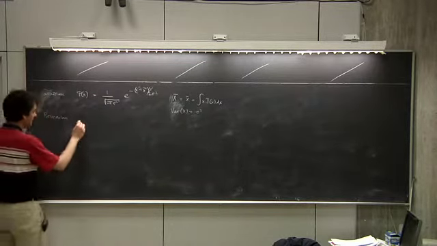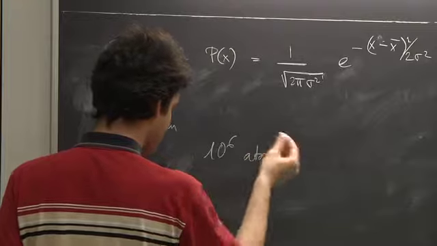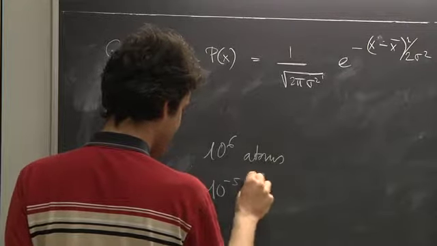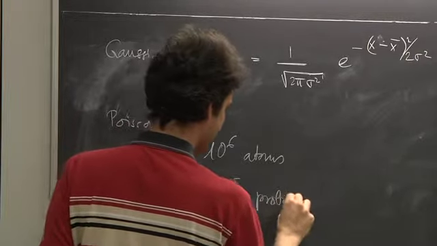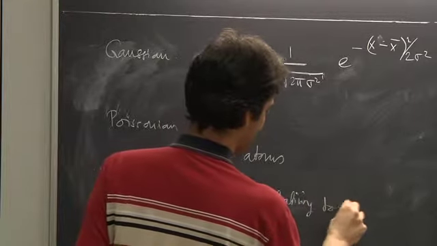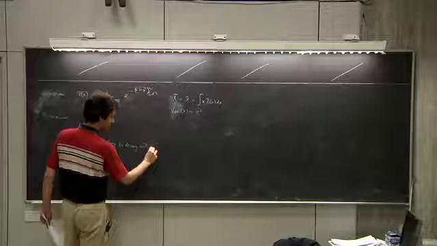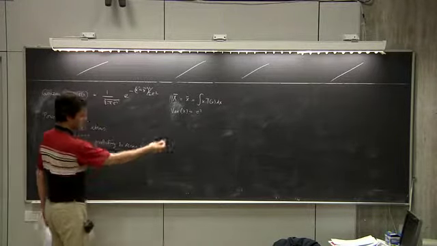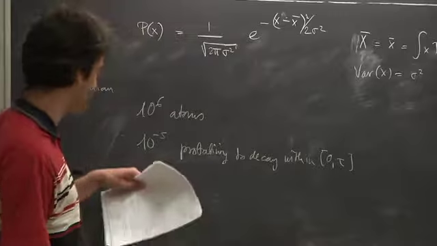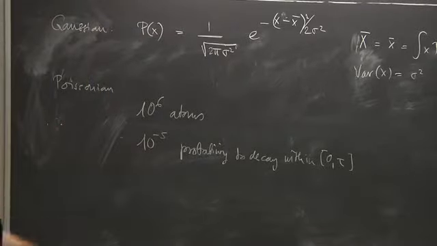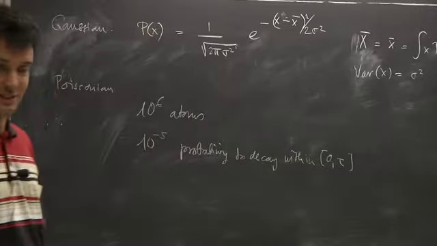Okay, let's take 10 to the 6 atoms, and let's assume that each one has a probability of 10 to minus 5 to decay within a certain time interval, 0 to tau, whatever tau is. This would have to be much smaller than the lifetime of that material, so that you get the small probability.